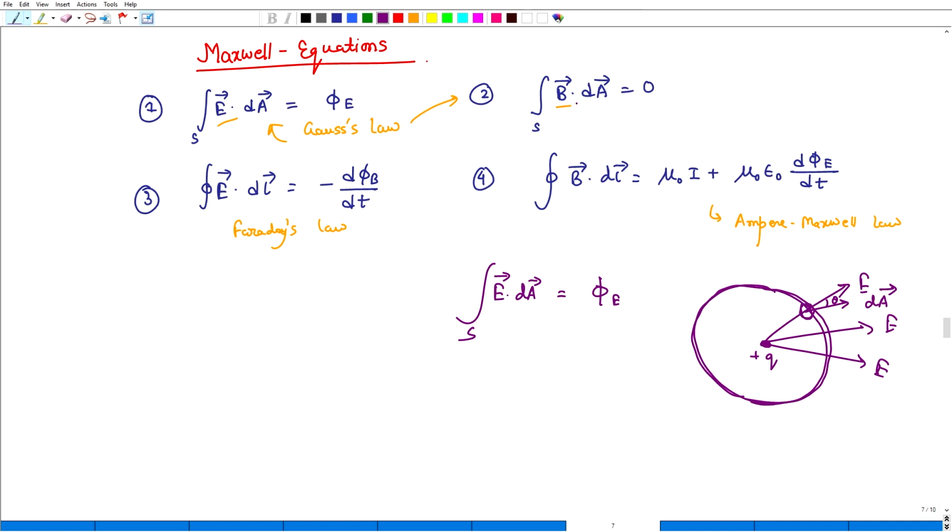The second law, B dot dA is always 0. It means that we can't put a single magnetic pole inside a sphere, or we can't create it. We have no idea about any magnetic monopole. We know only the magnetic dipole.